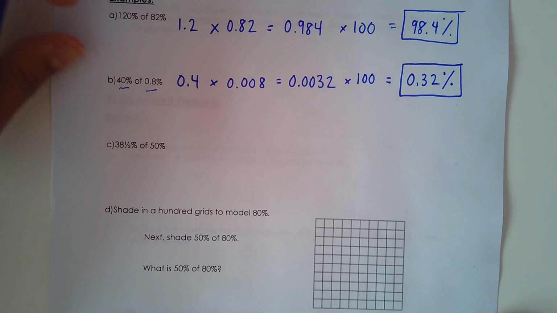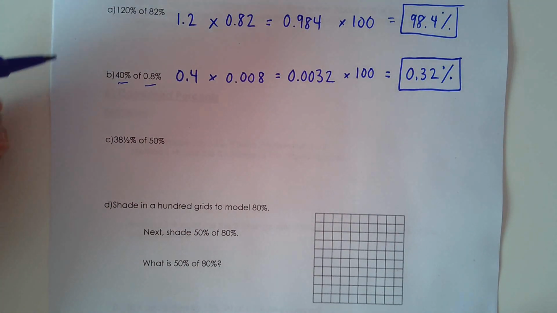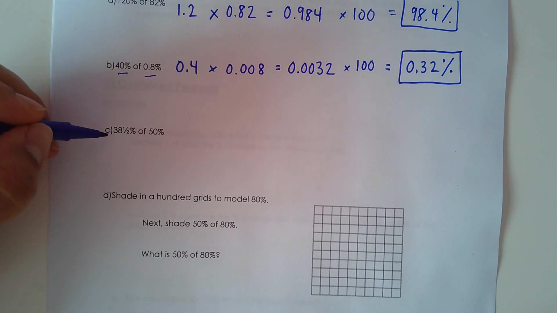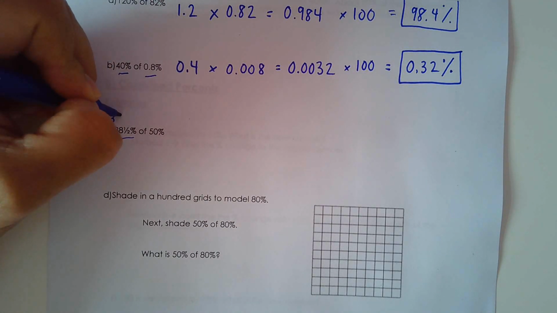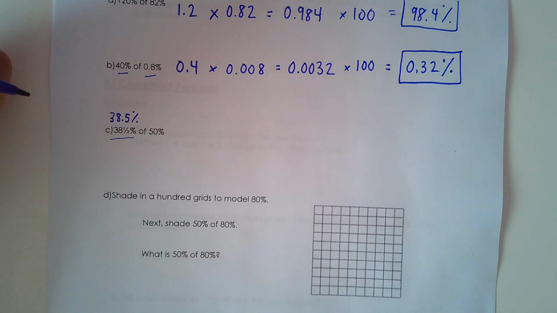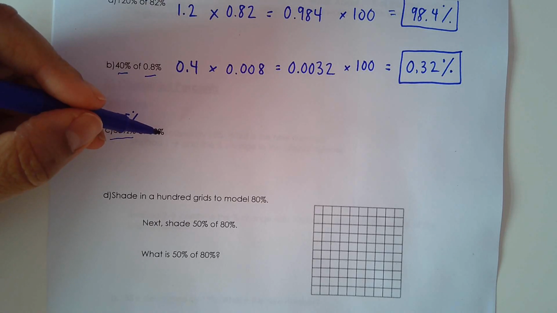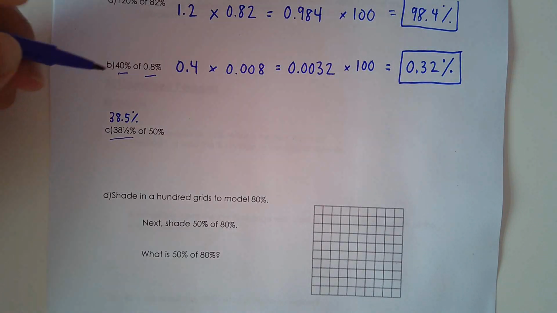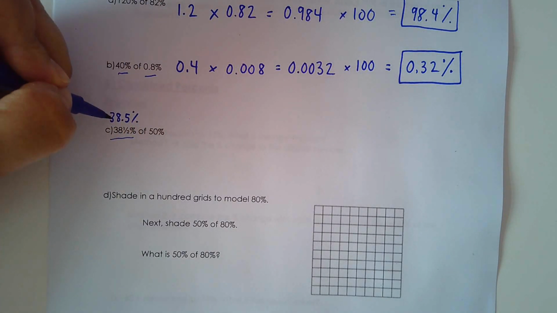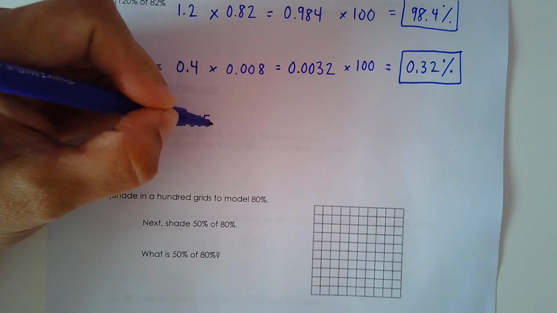So you can pause the video here if you want and try example C on your own, and then double check your answer. So in example C here, we have 38.5%. I'm just going to rewrite that as a decimal. So what is 38.5% of 50%? So step 1, change both of the percentages into decimals, dividing them both by 100. So 38.5% becomes 0.385.